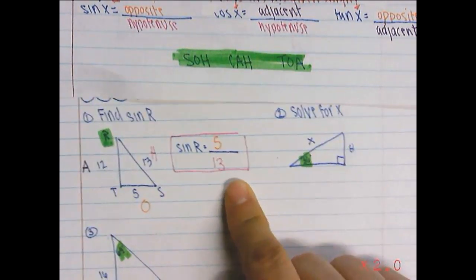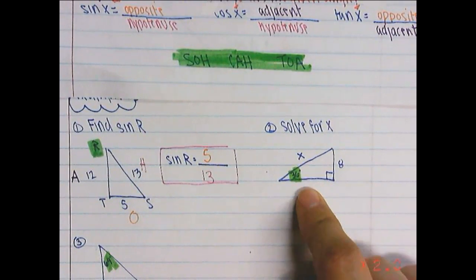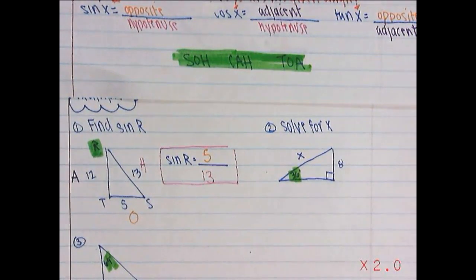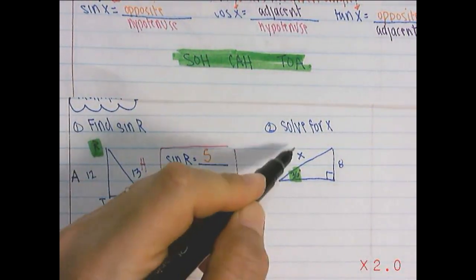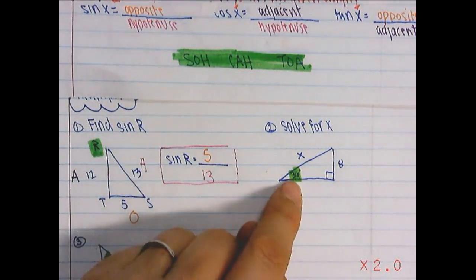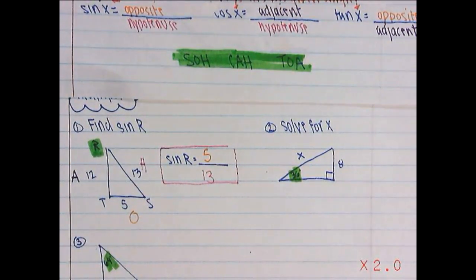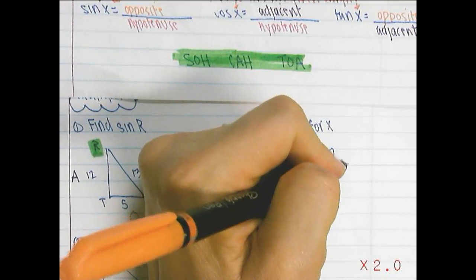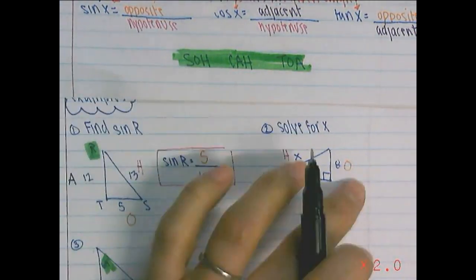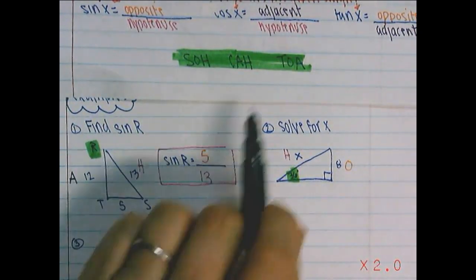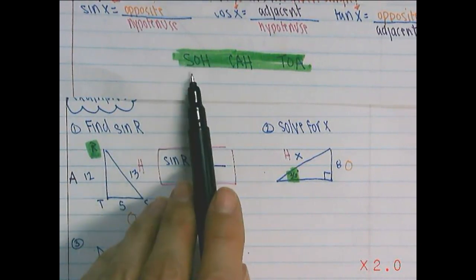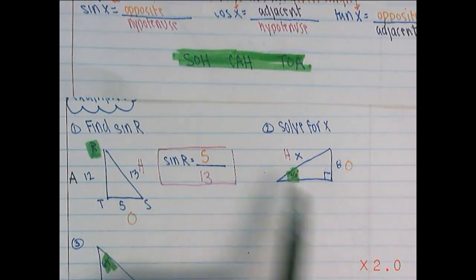This time we're going to solve for x. So what we're going to do is again label. This is our angle this time. The two sides that I know are my opposite and my hypotenuse, so I have an O and an H. If I look up here at SOH CAH TOA, I know that sine is the only one that I can use because an O and an H is all that I have.